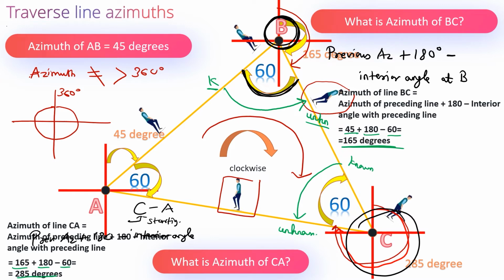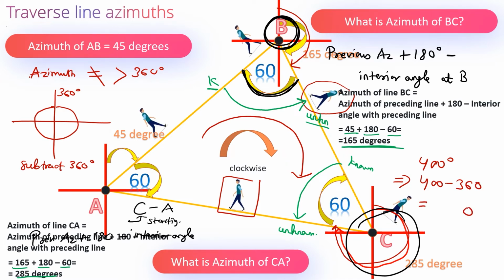If it is greater than 360 degrees, then you need to subtract 360 degrees. So if your azimuth is 400 degrees, you can't have an azimuth of 400 degrees. What you need to do is subtract 360 degrees, and that will give you your azimuth.